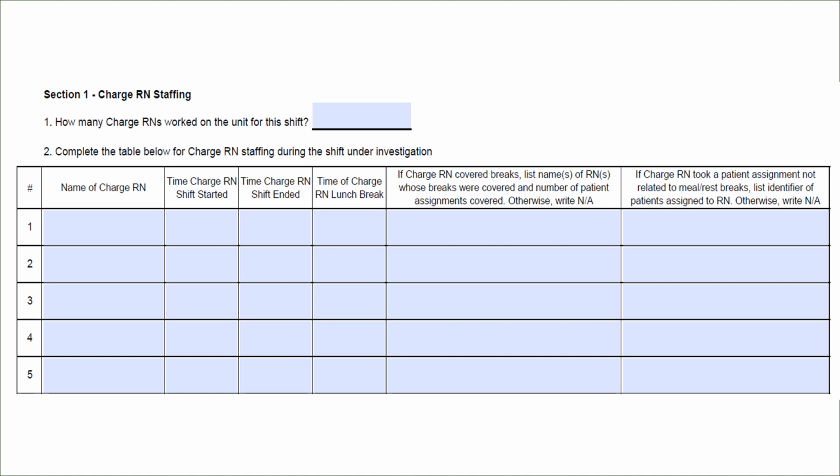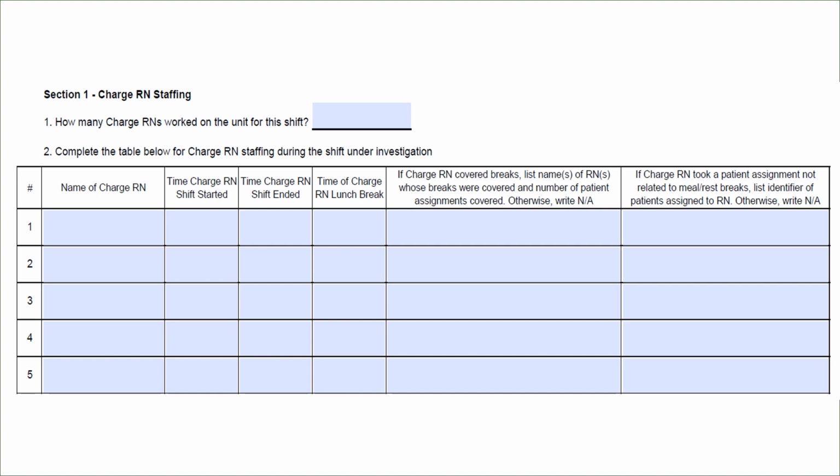This slide shows section 1 of the RN staffing tool, which asks about charge RN staffing. The direct care unit representative and unit nurse manager indicate how many charge RNs work during the shift under investigation. In the table, they provide the name of charge RN, time charge RN shift started, time charge RN shift ended, if charge RN covered breaks, and list the RN names for the breaks that were covered and the number of patient assignments covered.